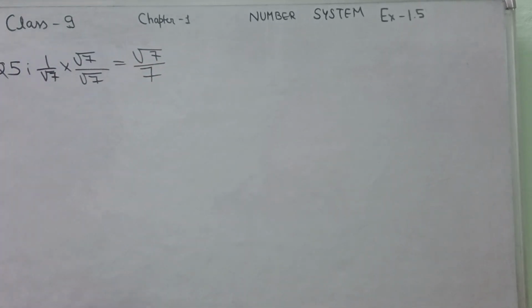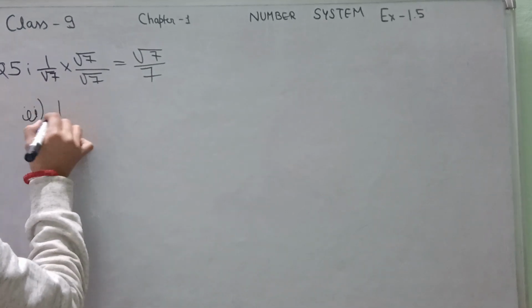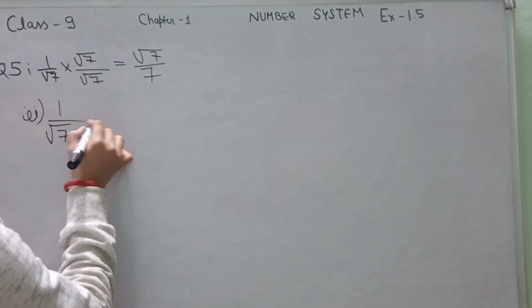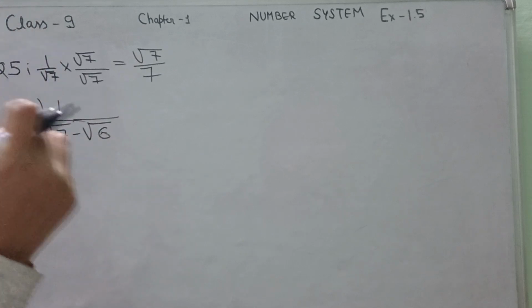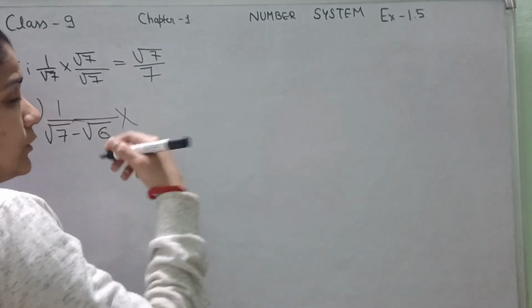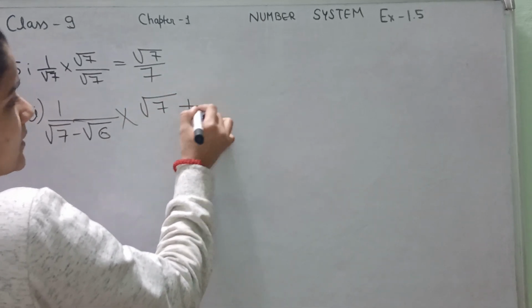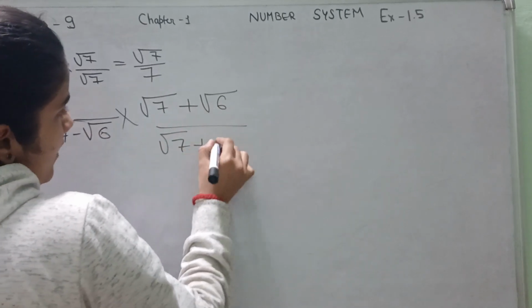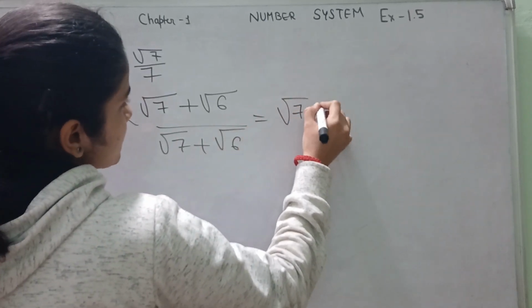Coming to the second part of this question, which is 1 upon root 7 minus root 6. Now what is this? These are two irrational numbers in the denominator. As I already told, irrational numbers are not tolerated in the fraction. So we need to rationalize, which is simply to multiply it by its conjugate. Multiplying it simply becomes root 7 plus root 6.